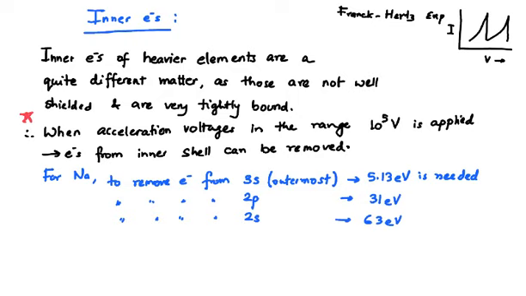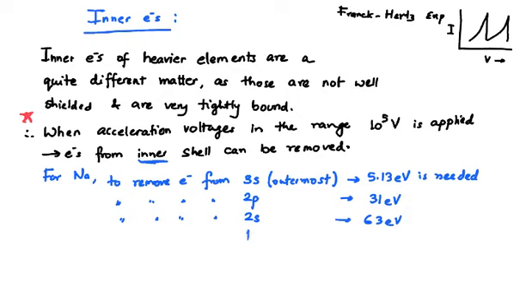However, to remove an electron from the 2p subshell, 31 electron volts is needed. And to remove an electron from 2s, which is a further inner shell, 63 electron volts is needed.